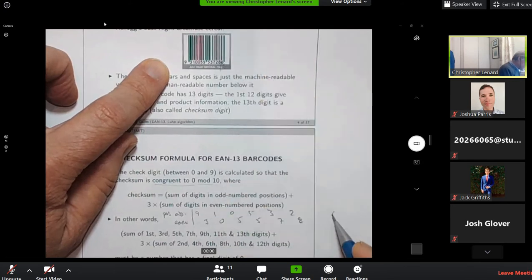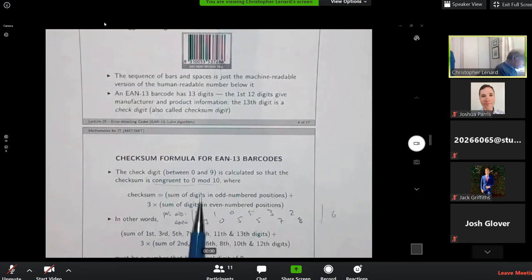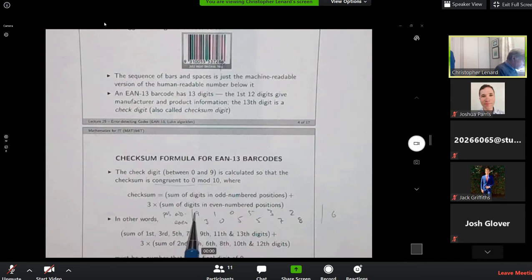Don't worry about the 6 because that's going to be the check digit. So every second one is in the first, third, fifth, 7th, 9th, 11th position, and the second, 4th, 6th, 8th, 10th, 12th position. So odd positions, even positions.